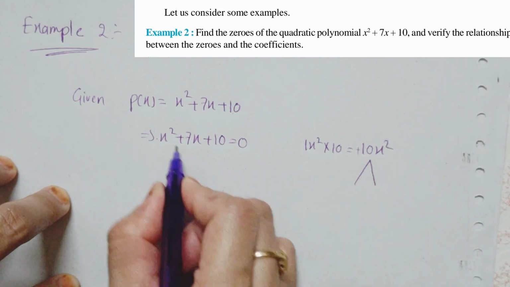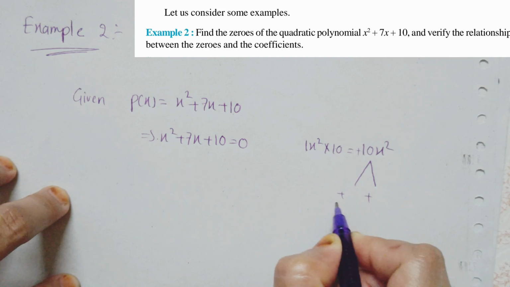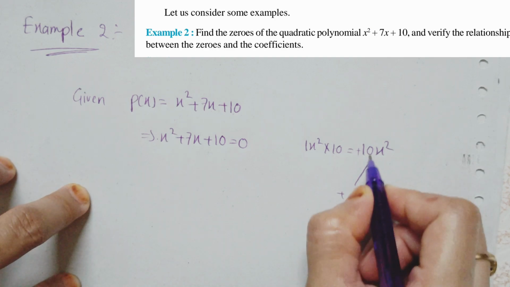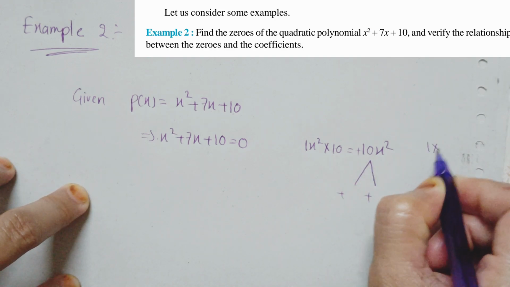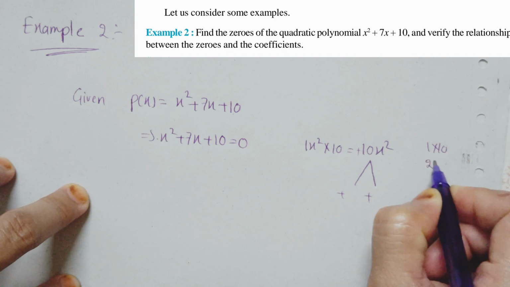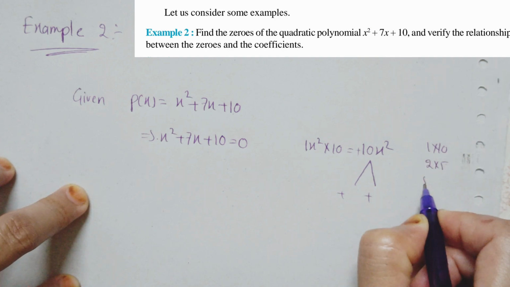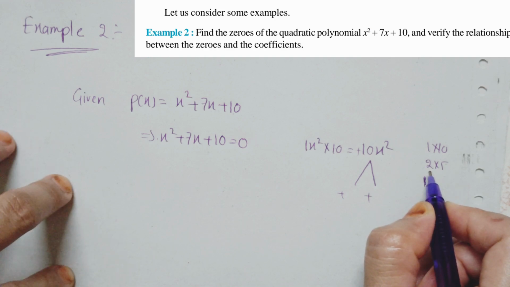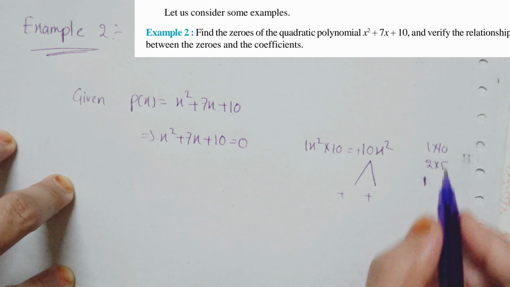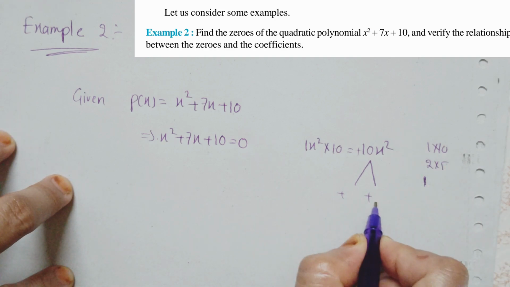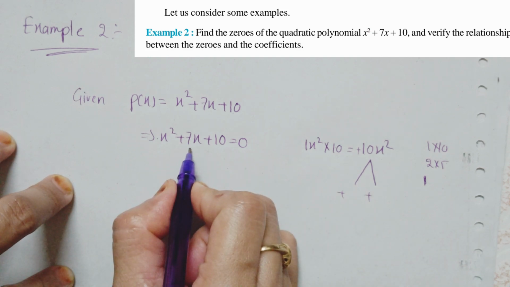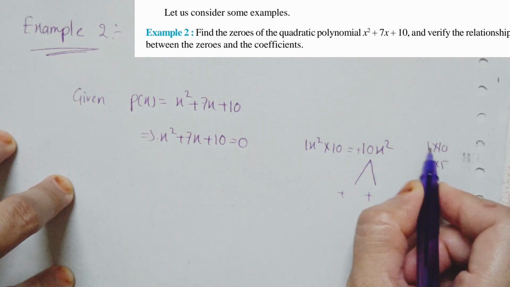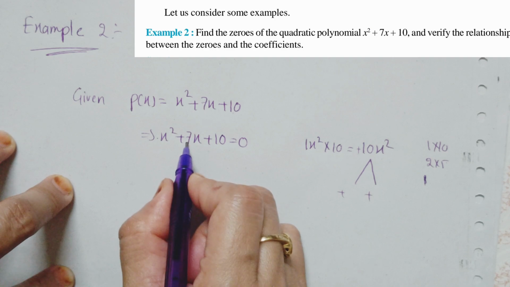Here positive is there, means here and here the sign will be positive. What are the factors of 10? 1 into 10 equal to 10, 2 into 5 equal to 10. Which one do we have to pick? We have to pick such that if we add both the terms, we should get 7. 1 plus 10 is 11, but we have to get 7.